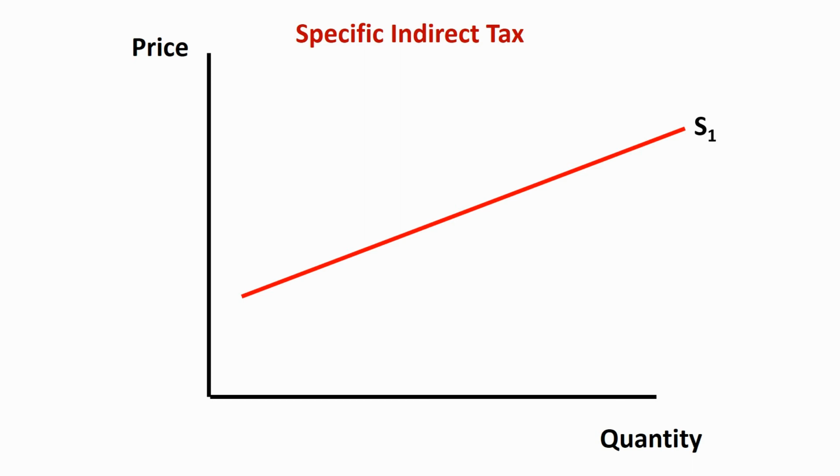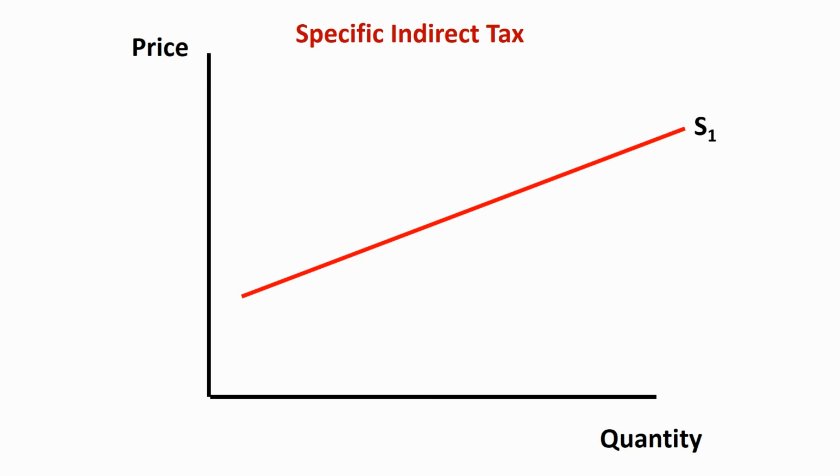And let's say that that specific indirect tax is at a rate of 50p per unit. Now, what this means is that at any given price, firms must pay a 50p levy to the government. Essentially, this adds 50p to the cost of production, whatever the given price. This is indicated by a shift up and left of the supply curve.